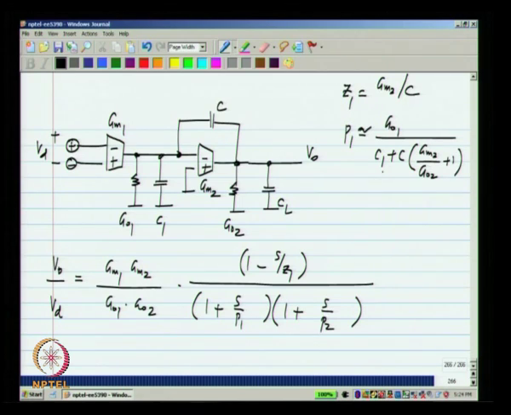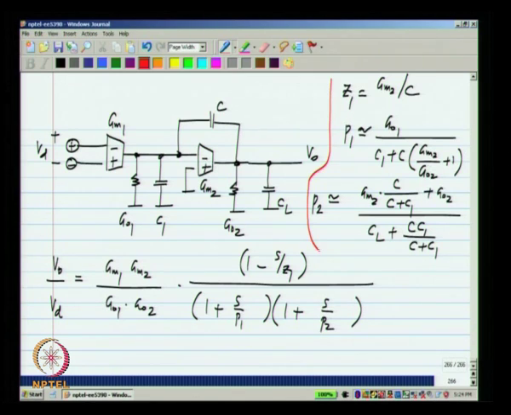There were some other terms which we can neglect, and the second pole is approximately at GM2 with this feedback fraction C by C plus C1 plus GO2 divided by CL plus the series combination of C and C1. Okay. So, we know all of these things. We have to find this for our transistor level op amp.